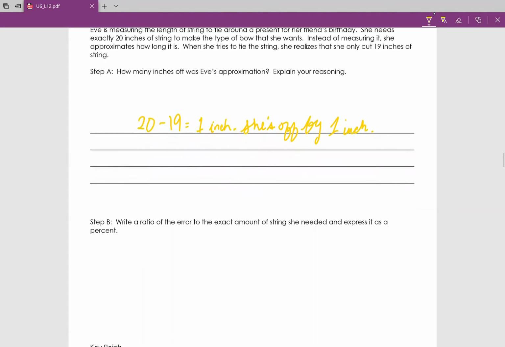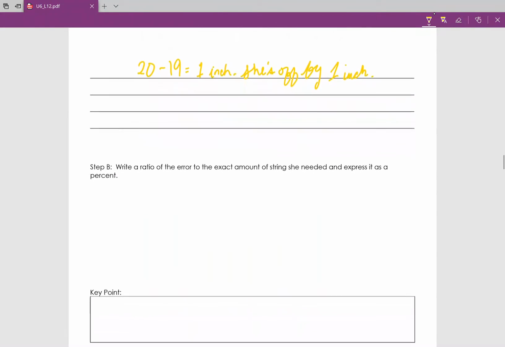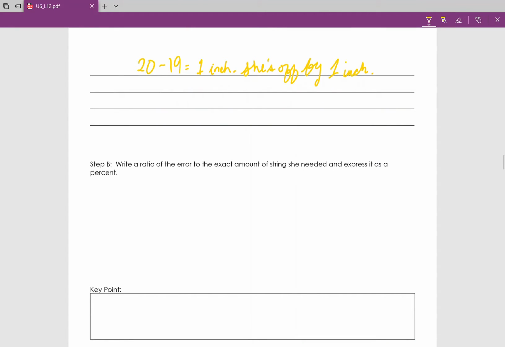Let's see how we can use this for step B. It says write a ratio of the error to the exact amount of string she needed and express it as a percent. So I'm going to tell you right now that there's a formula for this.